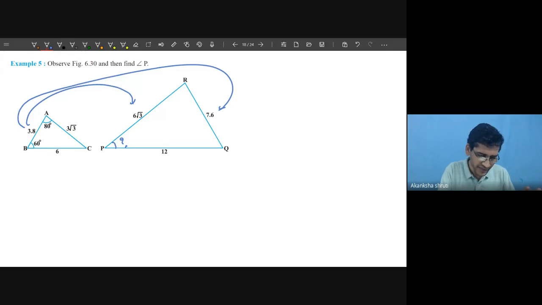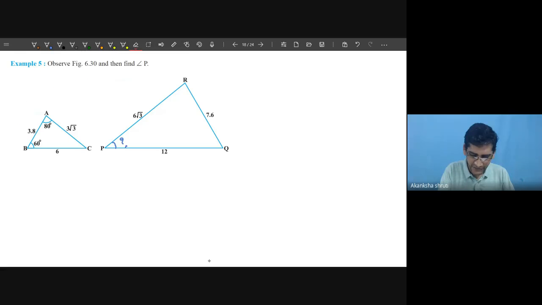Students, then how to proceed? There is a small trick or technique here that you must keep in mind. See what is here. Students, can I simply say this 6 is corresponding to this 12? Can I simply say or not? For that, you have to observe carefully.